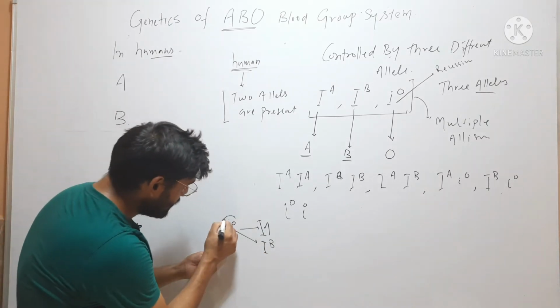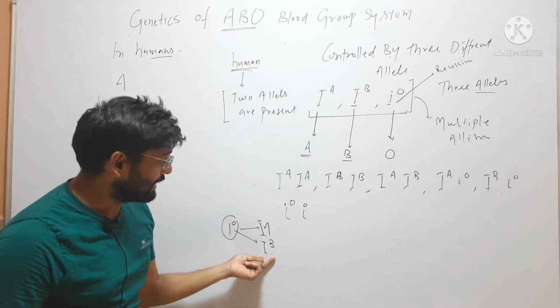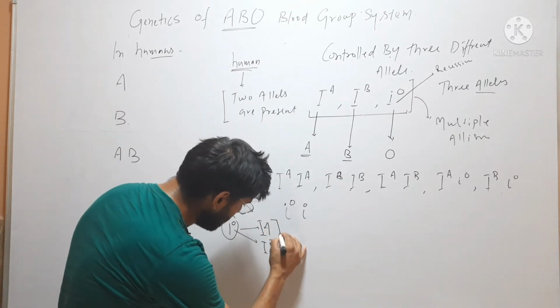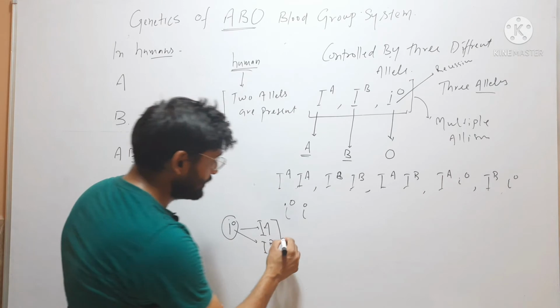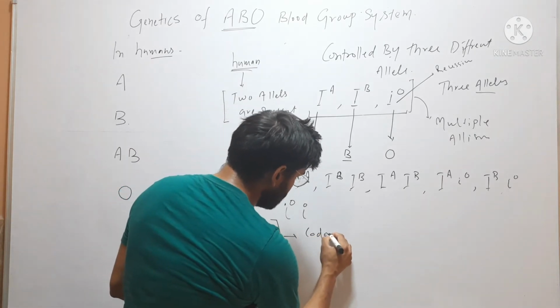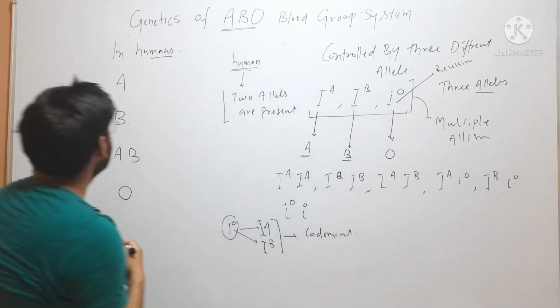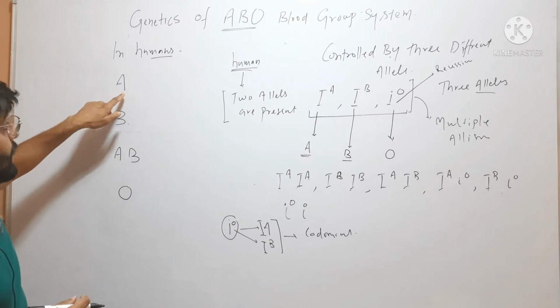So this allele is recessive to both alleles, and when both IA and IB are present, these are codominant.